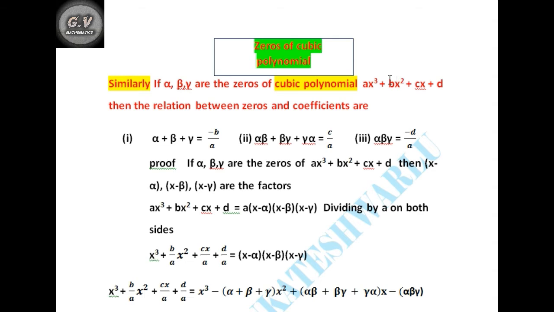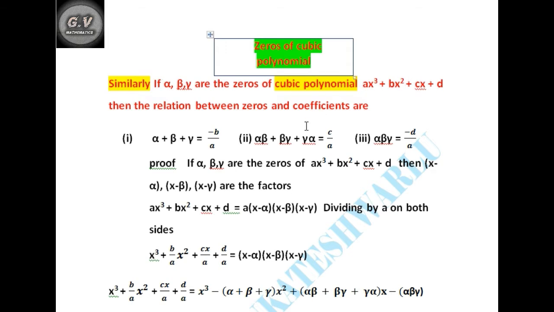The standard form of a third degree polynomial is ax cube plus bx square plus cx plus d. This is a cubic polynomial. A cubic polynomial contains at most 3 zeros, taken as alpha, beta, gamma, or otherwise alpha 1, alpha 2, alpha 3. Alpha, beta, gamma are the 3 zeros of the cubic polynomial.